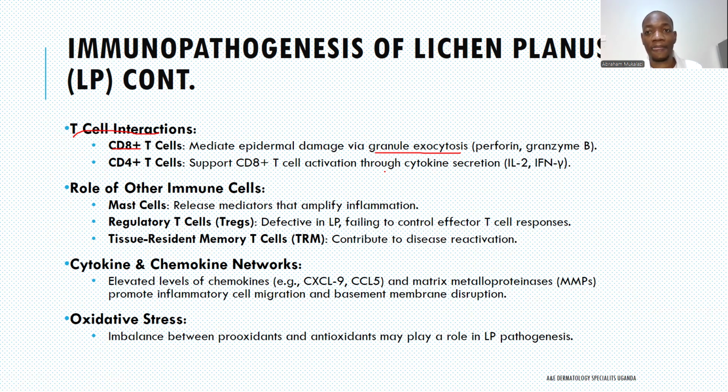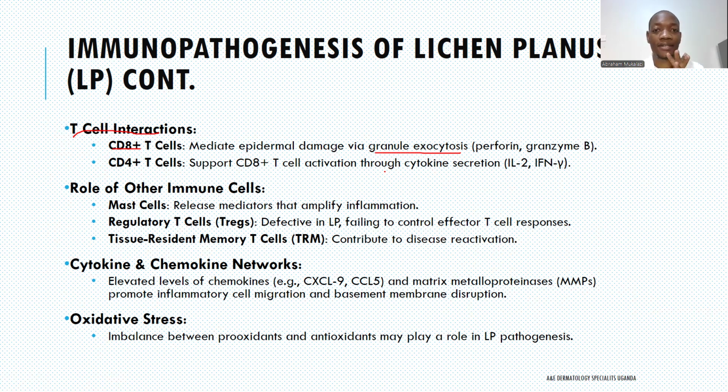In psoriasis, when you activate the cells, you'll only activate the T helpers, right? T helper 1, T helper 17, and then T helper 22. When they come, they just cause promotion of pro-inflammatory cytokines that end up producing more keratinocytes. That's why you end up with very thick plaques in psoriasis.